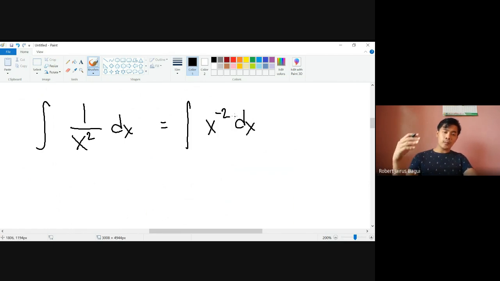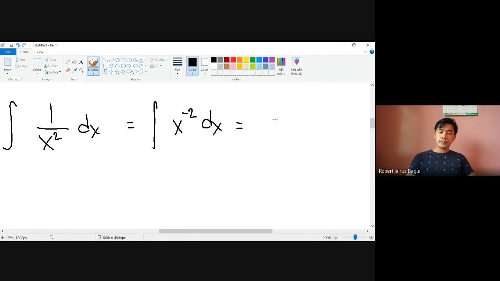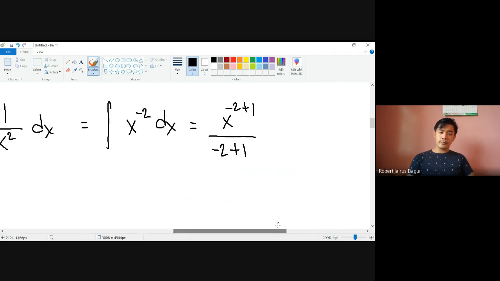So, inangat ko siya, pero sa pag-angat ko, naging opposite sign na siya or naging negative 2 in this case. Yan, pwede nating ipasok yung, again, yung pag plus 1. So this will simply be x to the negative 2 plus 1 all over negative 2 plus 1. So magiging sagot dito ay plus c. So x, negative 1 all over negative 1.